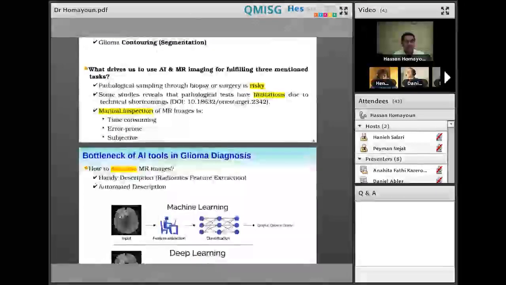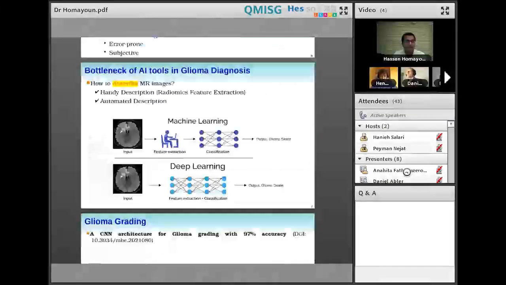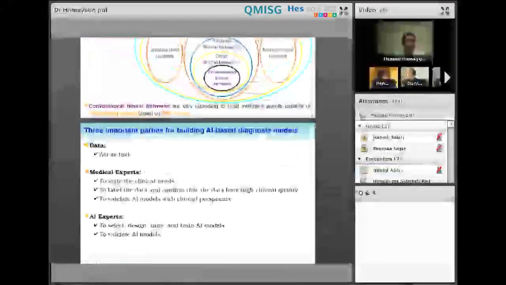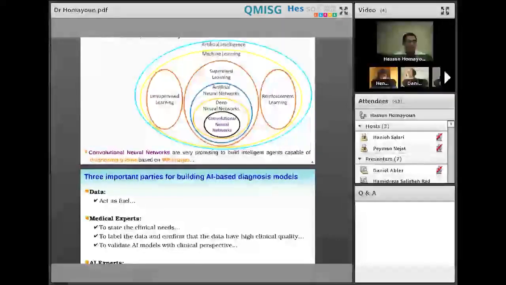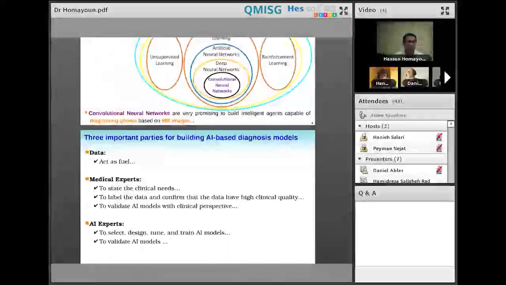Convolutional neural networks are a subfield of deep neural networks which are able to handle image data, and they are very useful for diagnosis of glioma based on MR images.